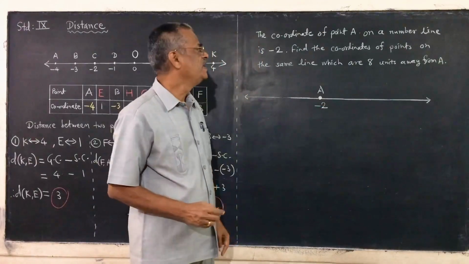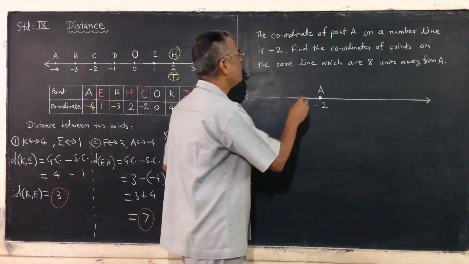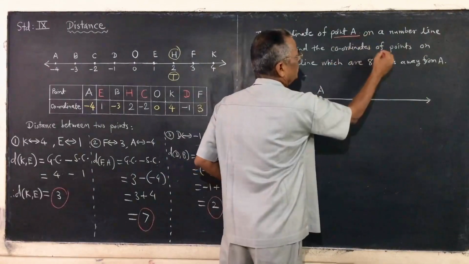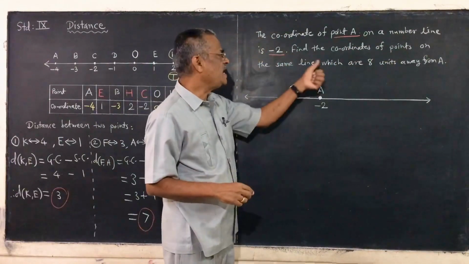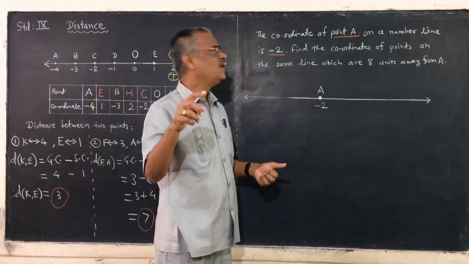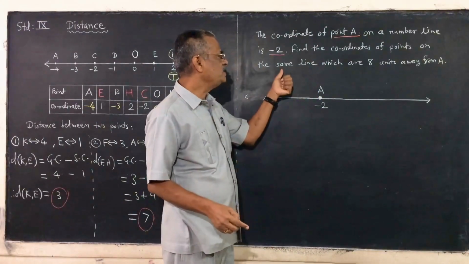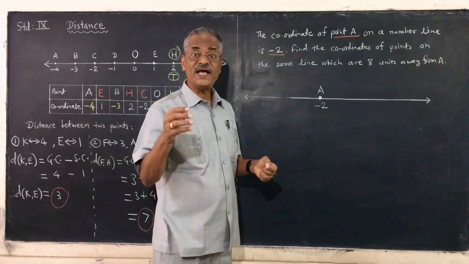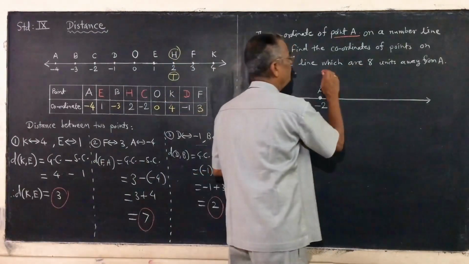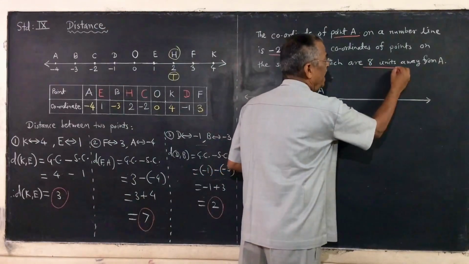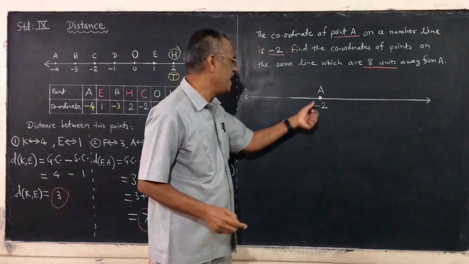This is given and we have to find out the coordinates of points on the same line which are 8 units away from A.